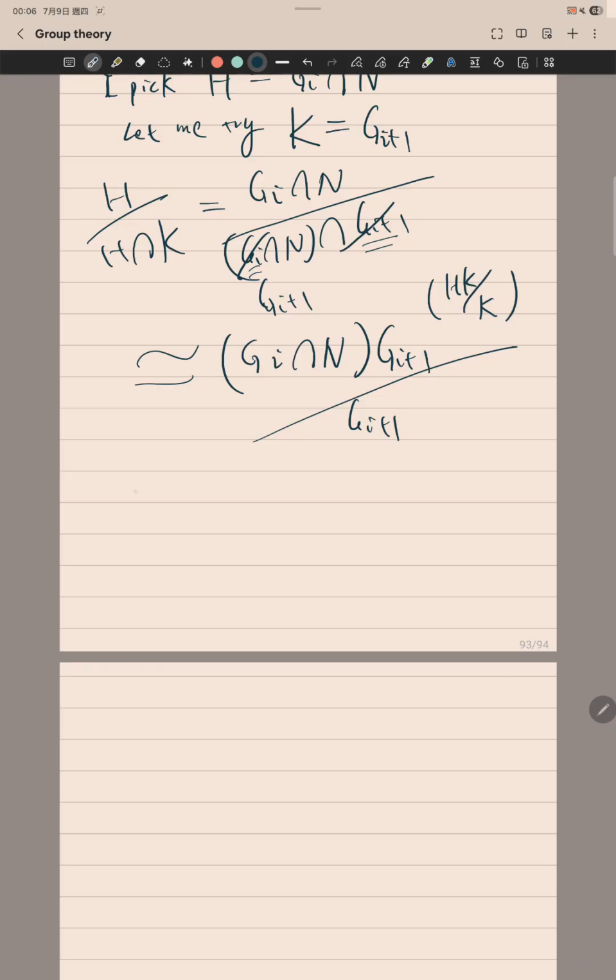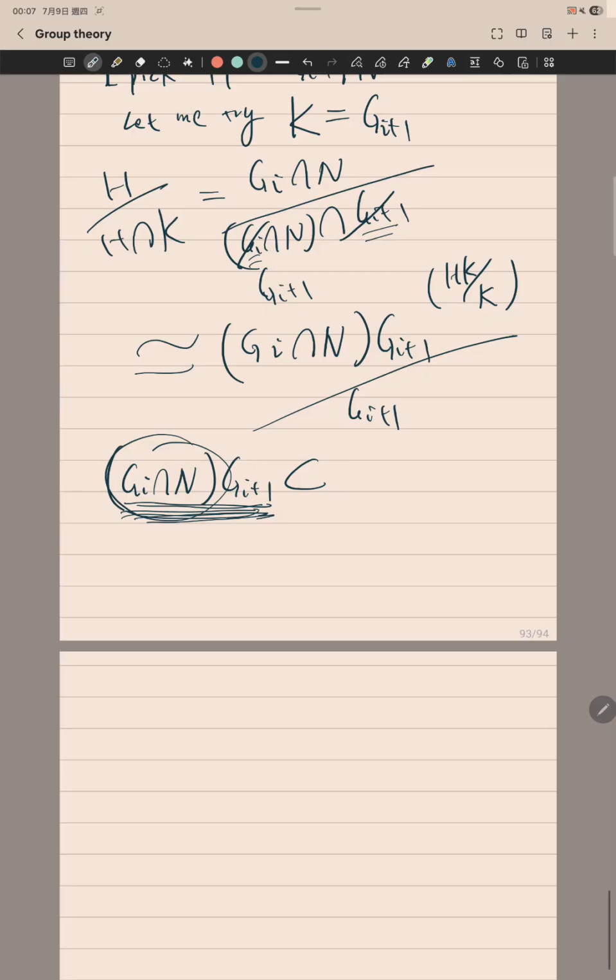But notice that G_i ∩ N and G_{i+1}, this whole thing indeed falls into G_i. Why?